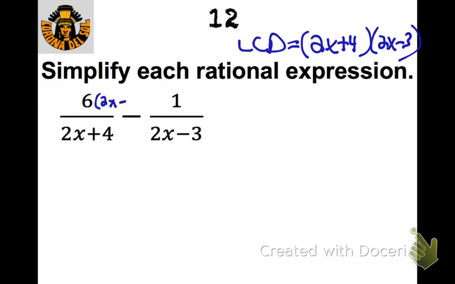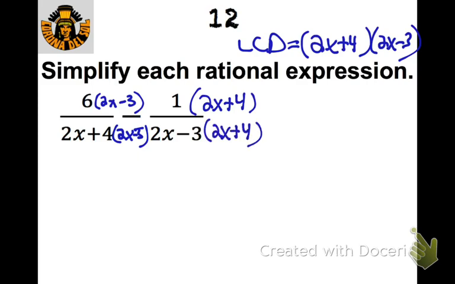Oh. This one needs 2x minus 3. And the other one needs 2x plus 4 because they're different. Okay, so the bottom of this one should be 2x plus 4 times 2x minus 3.